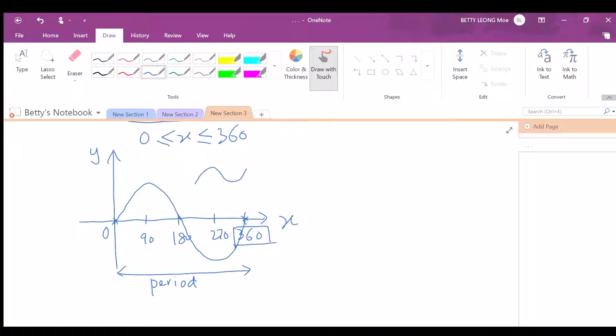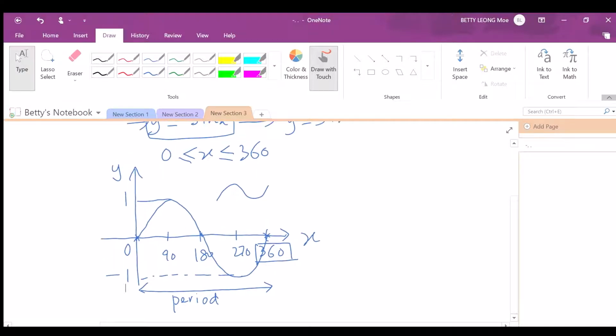For the basic graph, the maximum value is 1 and the minimum value is -1. That means the connection with 90 and 1: sine 90 will be equal to 1. Sine 270 will be -1.